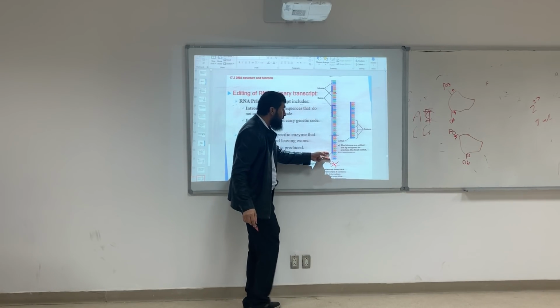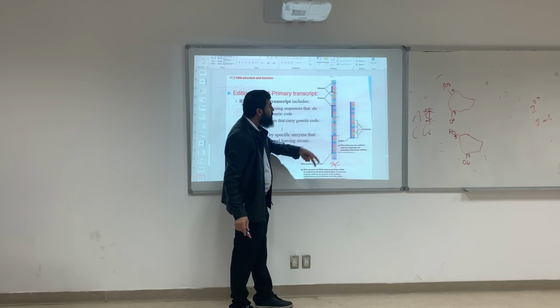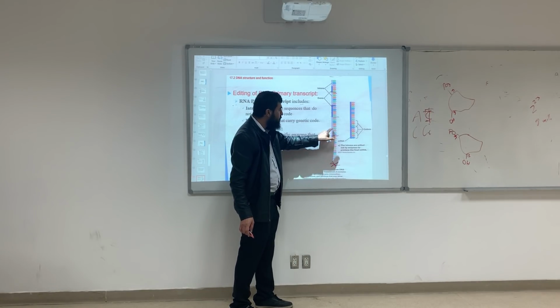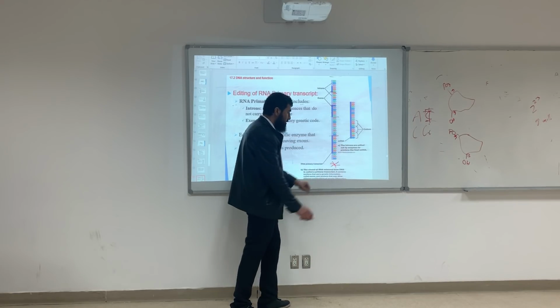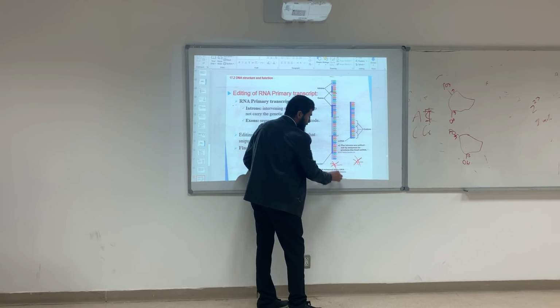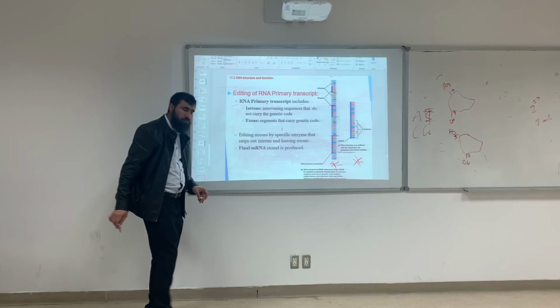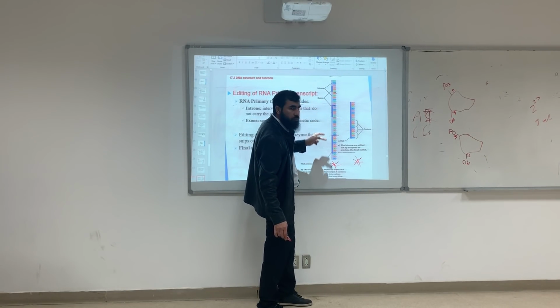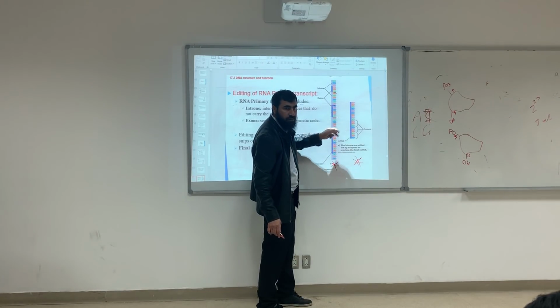So if you had a sequence, this is the primary transcript. To get the final transcript, we need to remove these, and that's the final. So remove the introns and then join the exons. If you're given a sequence to identify the final, that's it.